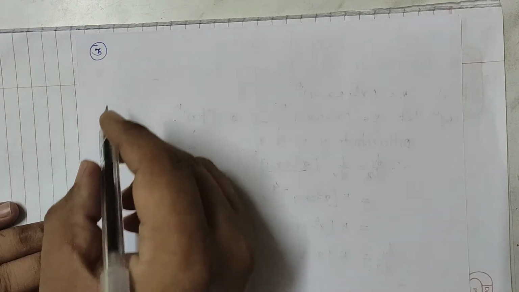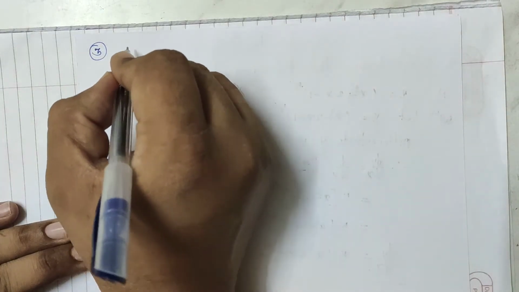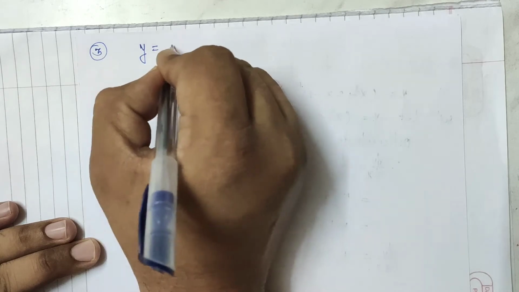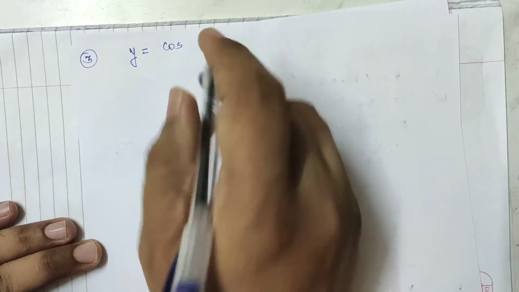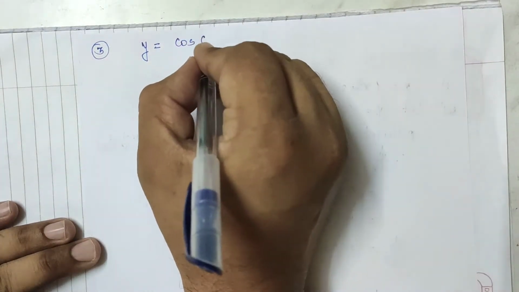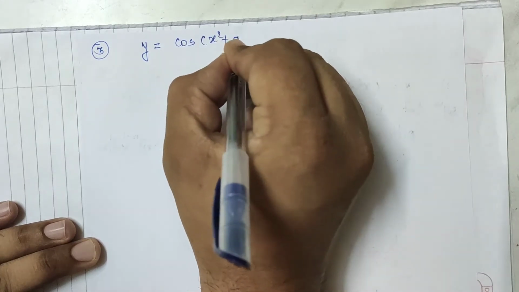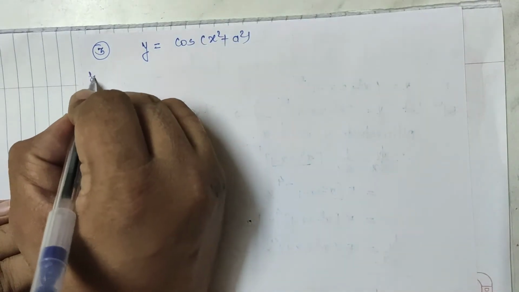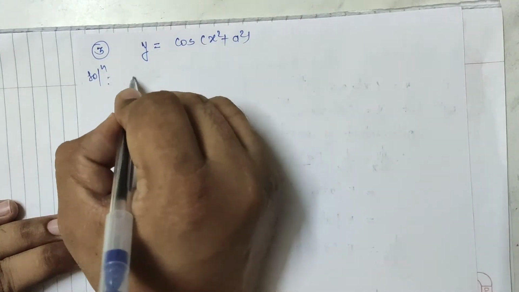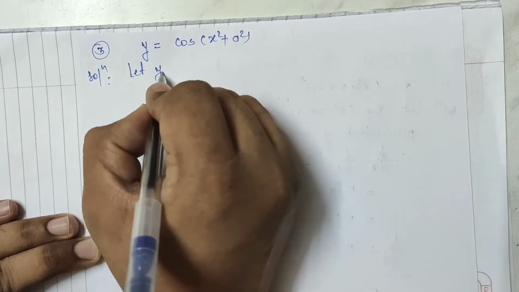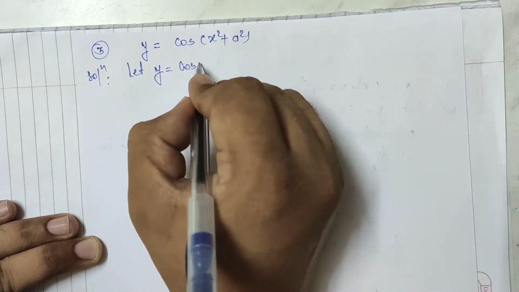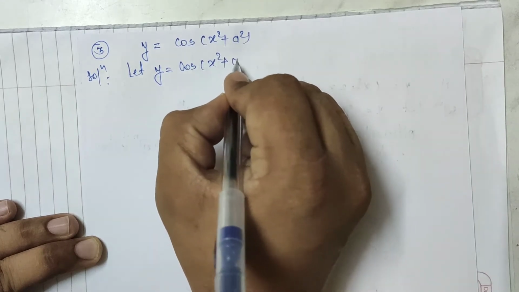Third example: y is equal to cos of x square plus a square. Its solution: let y is equal to cos of x square plus a square.